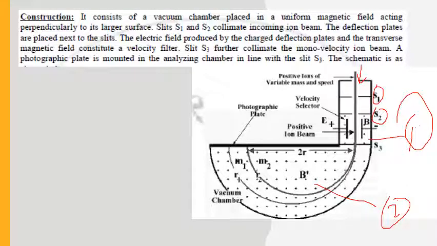The electric field produced by the charge deflection plates and the magnetic field in the first chamber constitute a velocity filter. Only the particular velocity that you have selected can pass through S3 and other velocities will be deflected and stopped by the slit. So only a particular velocity will move into the second region.